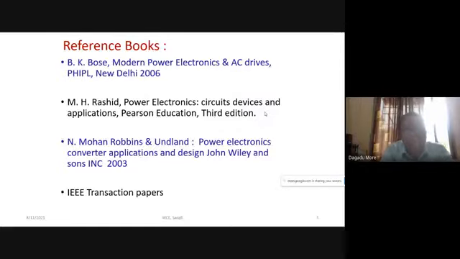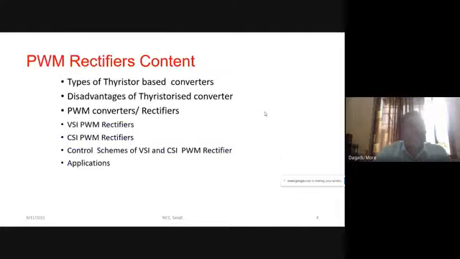The third book is Ned Mohan, Robbins and others, Power Electronics: Converters, Applications and Design, John Wiley and Sons. We also require some IEEE Transactions papers, and we are referring more to the IEEE Transactions papers.